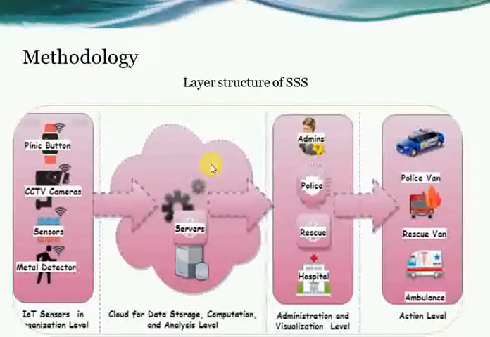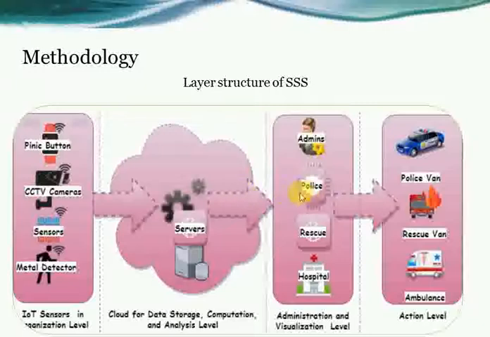So this is the structure of the methodology, how the smart security framework works. As you can see, this is the layer where all the smart devices are installed, and it reads the whole environment, and all data is sent toward the server. The server analyzes, stores, and computes data, and this data is analyzed by the central emergency control room, where administrators, police officials, rescue teams, and in case of emergency doctors may monitor all this data.